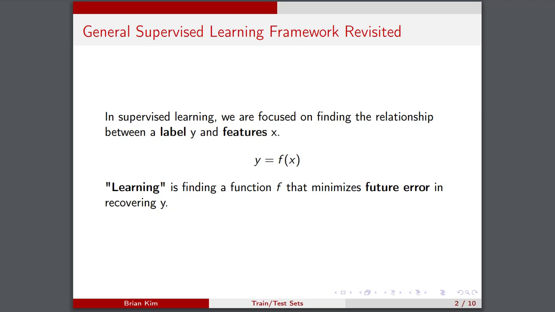And the key part here is future error. Basically, we want to make sure that we minimize the error in the future, not in the present or past. And so to do this, we want to make sure that our model generalizes to the overall case, so that when we look at the future, we still have a good model to predict.